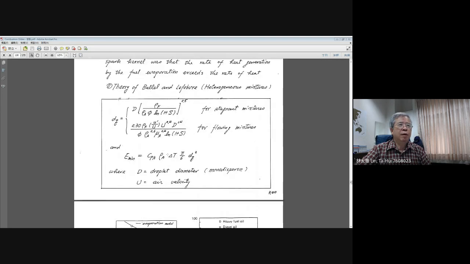I described the quenching distance formula before on page 3.14, and I forgot to tell you. Actually, they just give you the formula without considering the detailed influence of the heat loss from the gaseous mixture, as we described earlier.